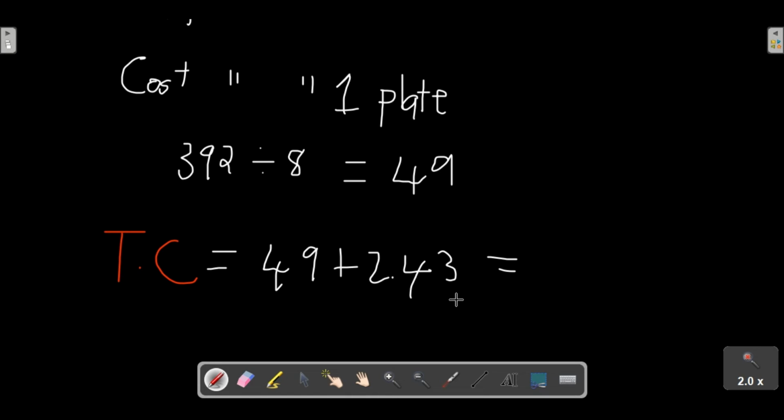So 49 plus 2.43 is 51.43. Okay, that is 51.43 rupees, right? So you have to ensure that you write down the units, guys. So it's 51.43 rupees to make one plate and package it.